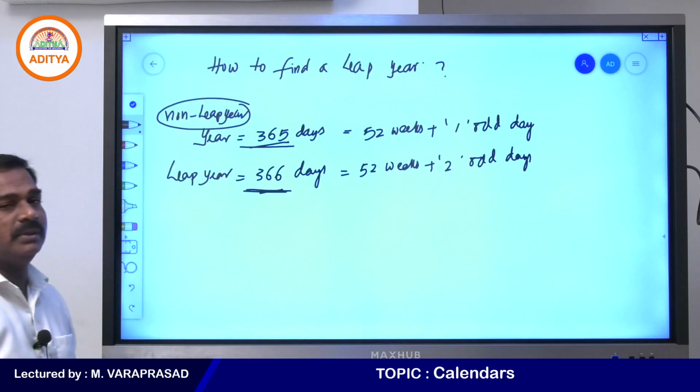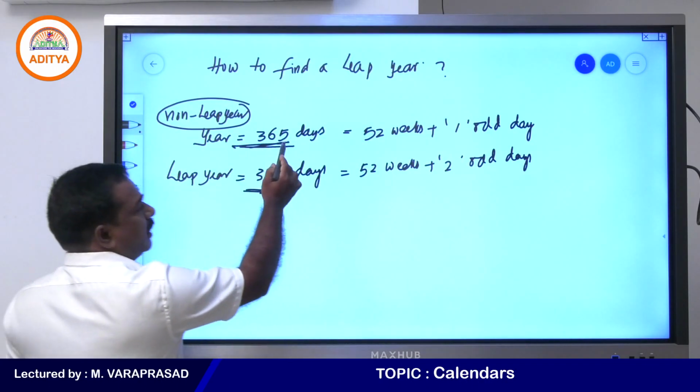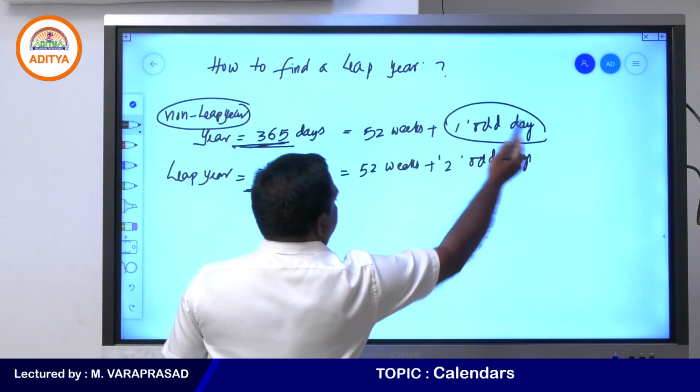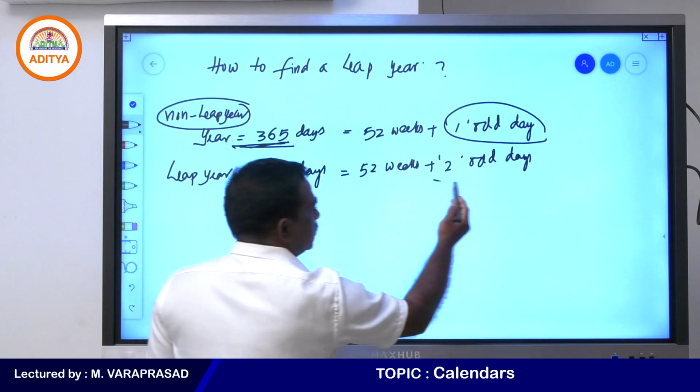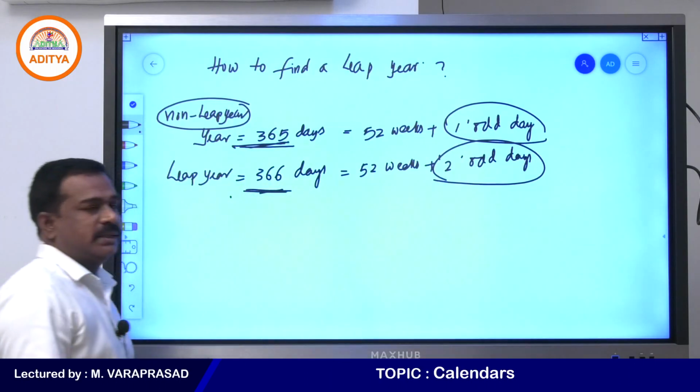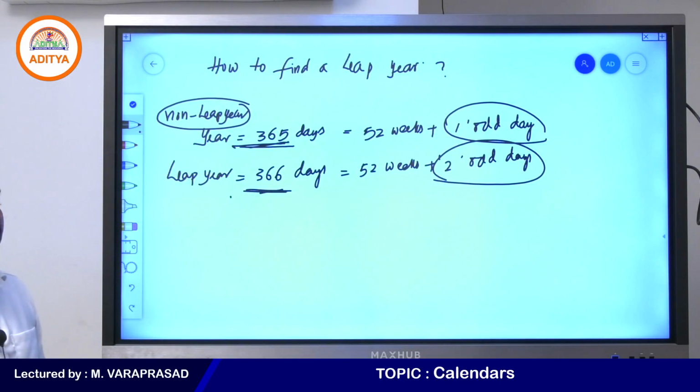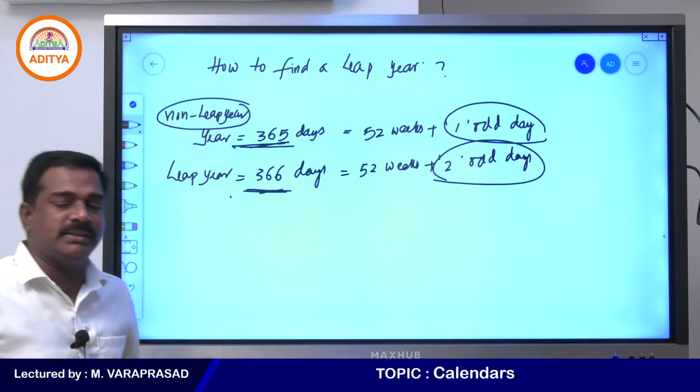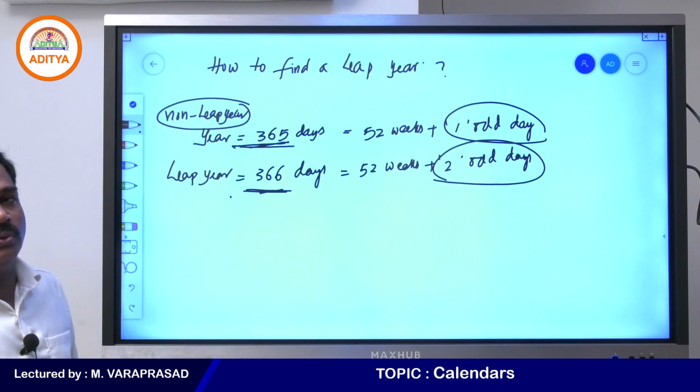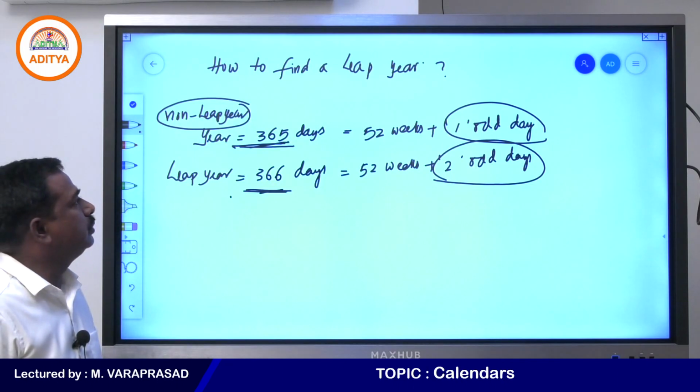So non-leap year will have 1 odd day and leap year will have 2 odd days. If you divide 365, you will get 1 odd day. If you divide 366, you will get 2 extra days, means 2 odd days. So that is about year.